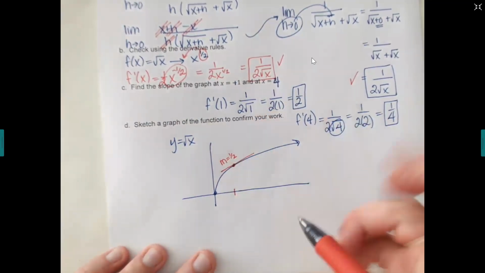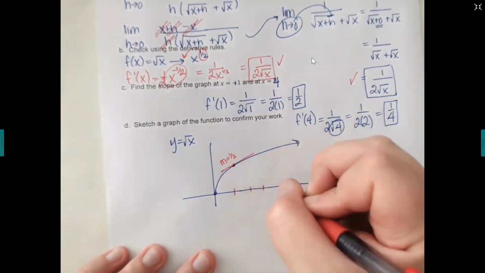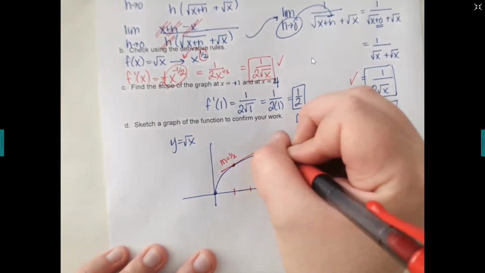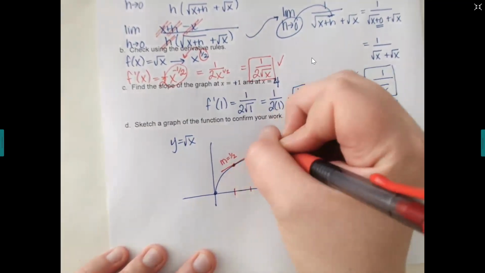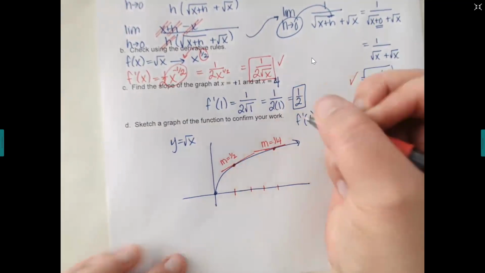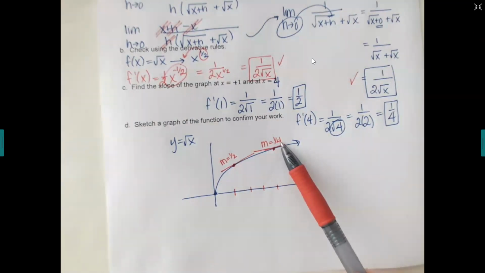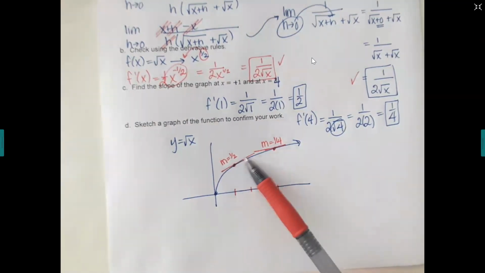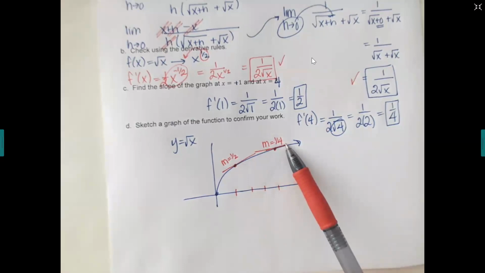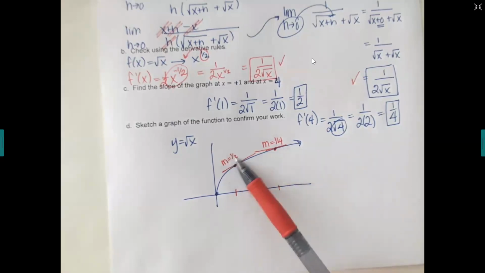And if I come out to 4, so we'll do 2, 3, 4 is here, my slope is a 4th. And then you can have the kids look at it and say, well, how do I know that a half would go to a 4th? Well, if this is a little bit steeper and then it got flatter, then you can tell that that slope went from something bigger to something a little bit smaller.